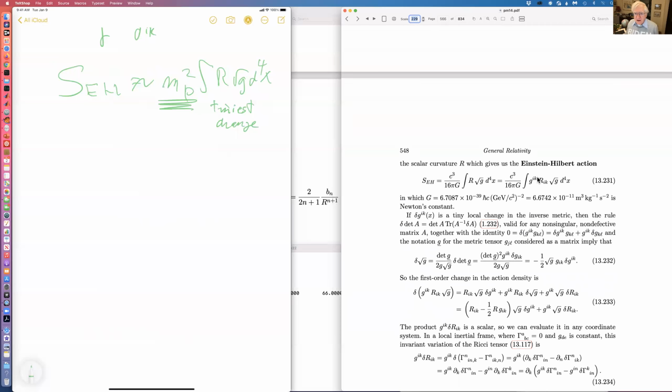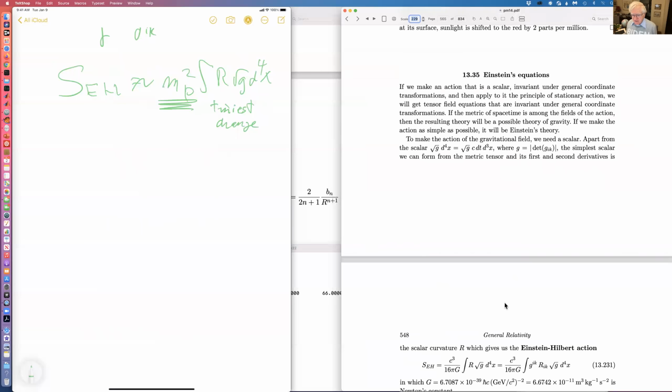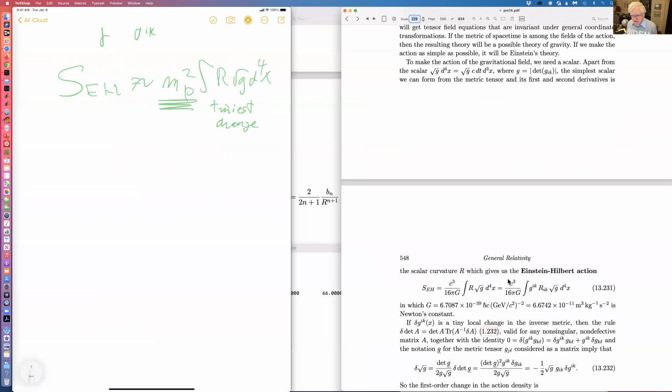Anyhow, if you then apply the principle of least action to this Einstein action, that is to say, you require that zero equal the change of the action to first order, which is to say the integral, I'll just write this as g again. I'm leaving out the c squared and the 16 pi, c cubed 16 pi and so forth.